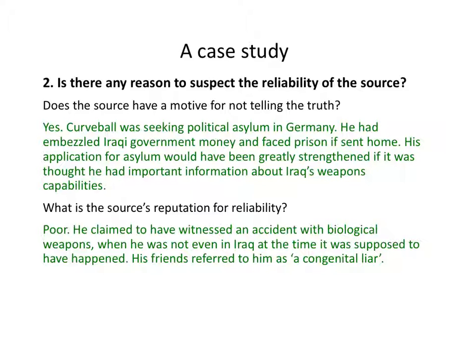For example, he claimed to have seen an accident with biological weapons when it was later found he wasn't even in Iraq at the time that accident was supposed to have occurred. And they interviewed his friends. They described him as a congenital liar, the kind of person who makes things up all the time. So, reputation for reliability not looking so good.